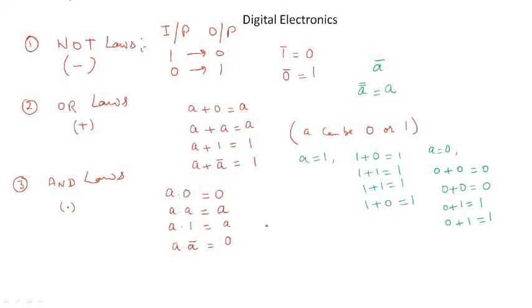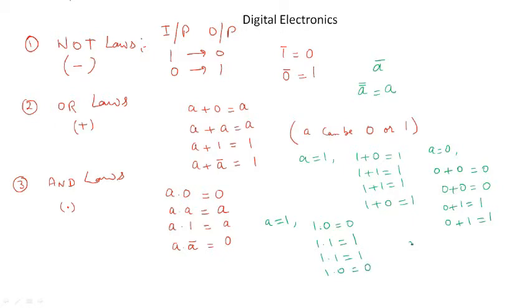Similarly here, if we consider A equal to 1, then you can see that 1 dot 0 is equal to 0, 1 dot 1 is equal to 1, 1 dot 1 is equal to 1, and 1 dot 1 bar will be 0, so 1 dot 0 will be 0.